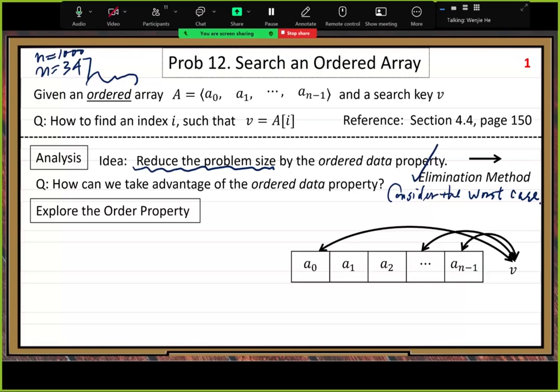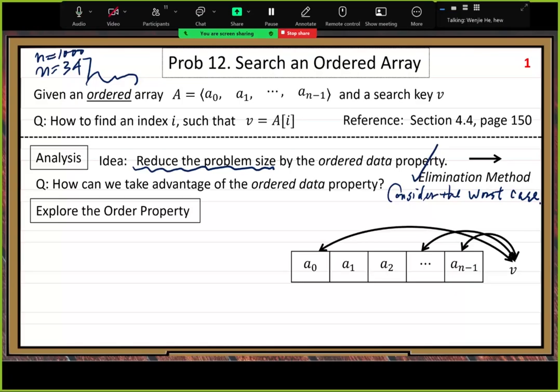We want to eliminate as many elements as possible after one comparison. Then that comparison would be the best from the elimination point of view.